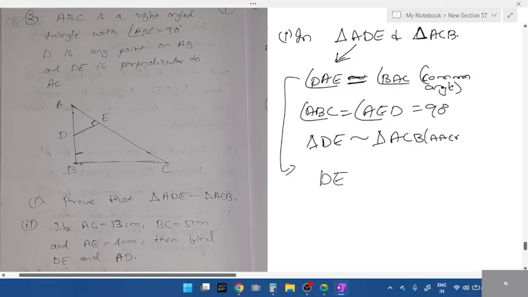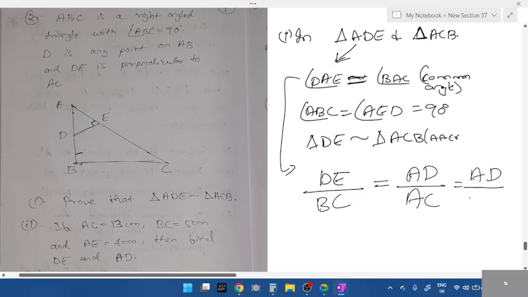DE, divided by, you can take the smaller or bigger triangle, anything, opposite to A, BC, equal to. Take the second angle, the right angle. For the smaller triangle, AD divided by, for the larger triangle, AC. Then what is missing? DE is done, AD is done.